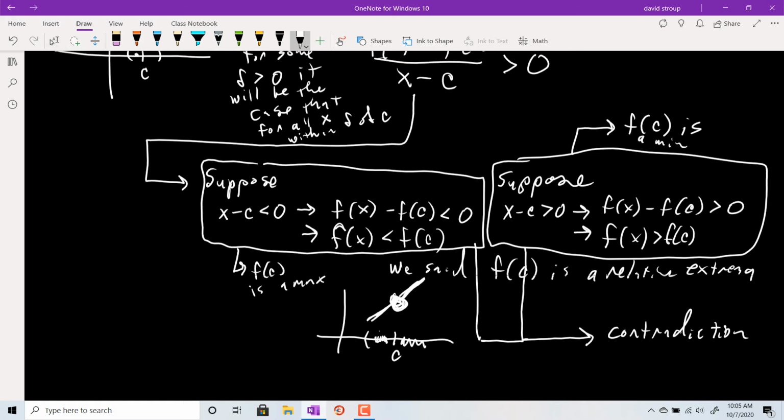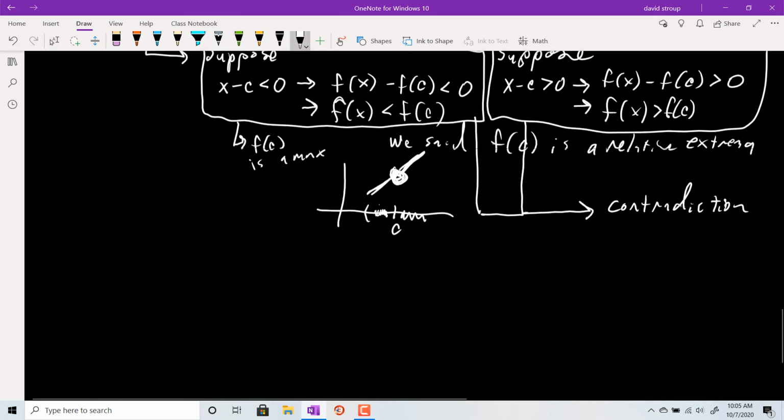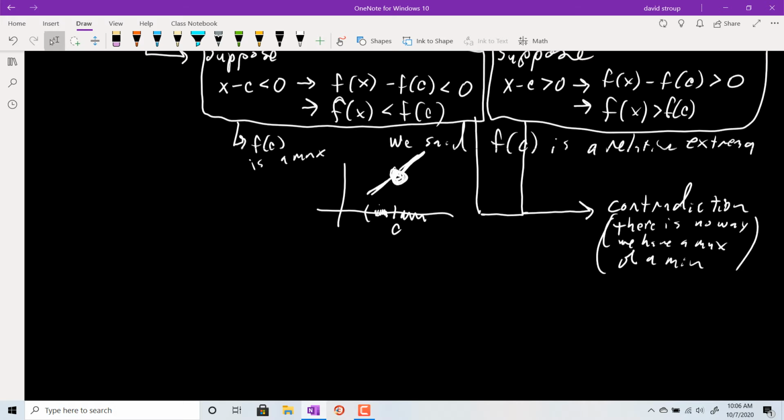Okay. There is no way we have a max or a min. Okay, that's what we suppose, though. If you suppose there is a max or a min there, it won't work.